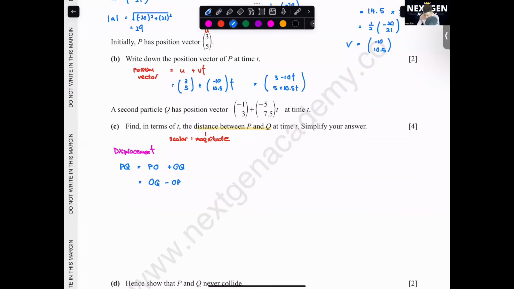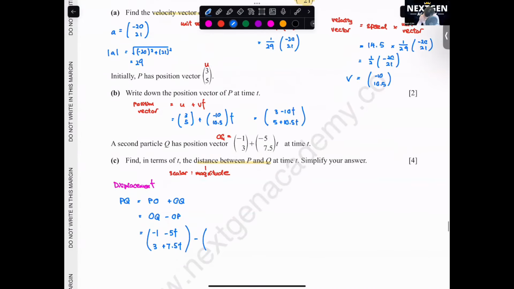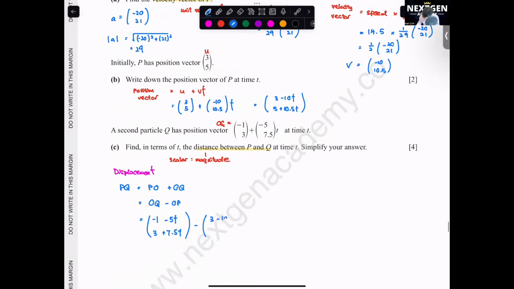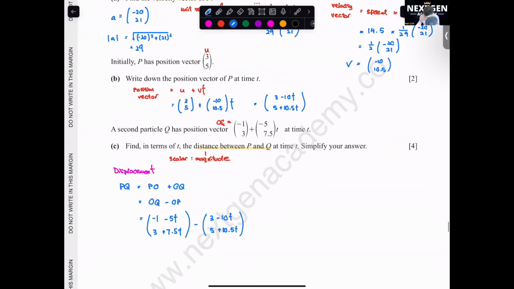Okay, OQ minus OP. Let's write down the OQ that's given to us here. This is OQ, and I am also going to open up the bracket. So -1 minus 5t, 3 plus 7.5t, minus 3 minus 10t, 5 plus 10.5t.